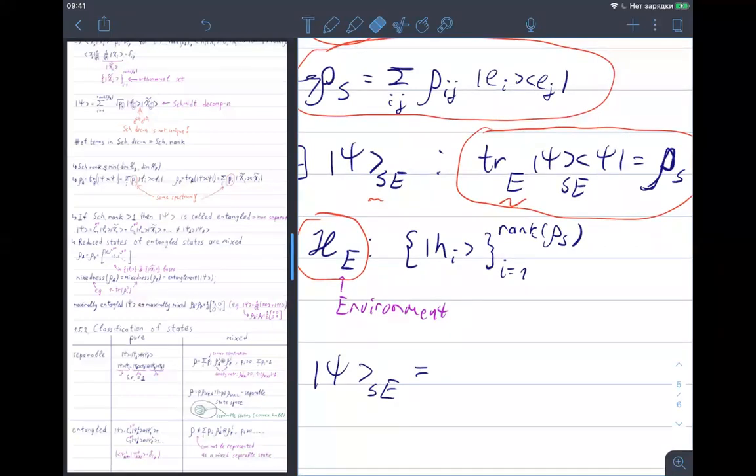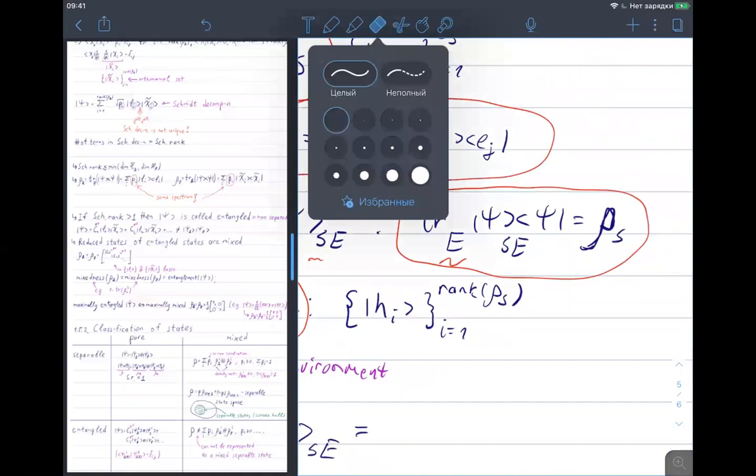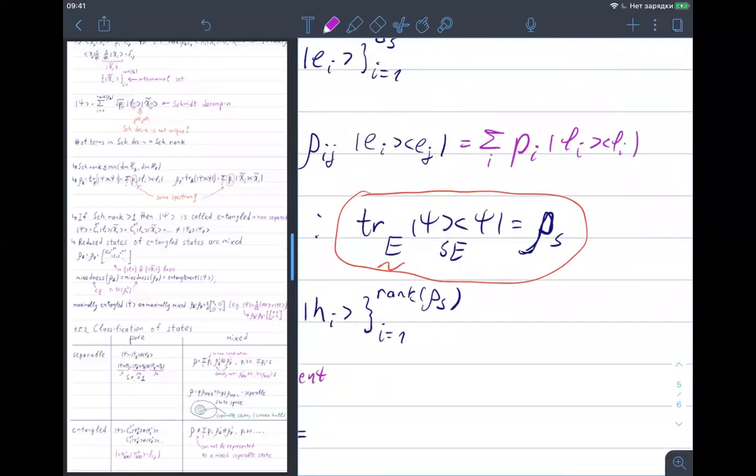So what we can do? First, we need to diagonalize this and write it in a more convenient form, the sum of p_i times phi, where phi is my basis in which my matrix has this diagonal form.